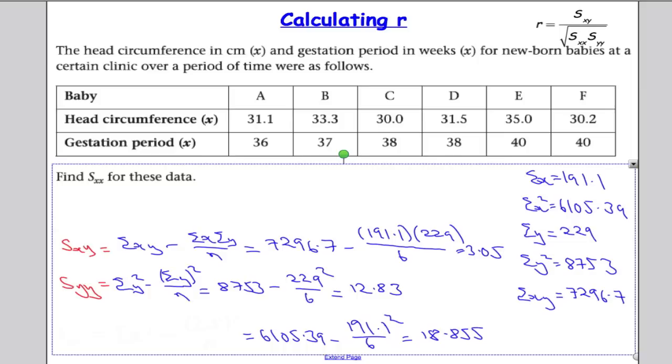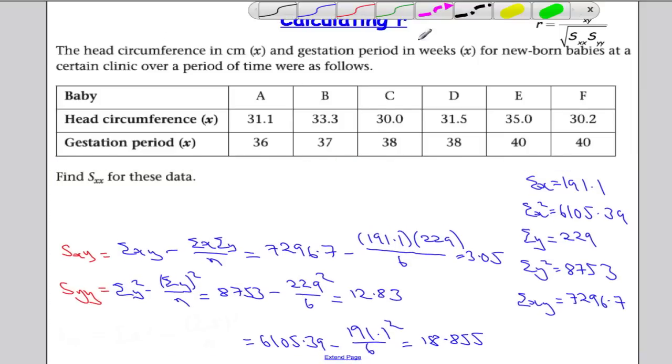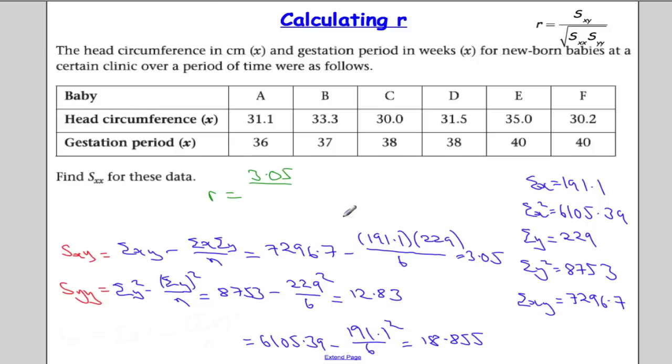Okay, so to calculate R, let's do it in green. It equals SXY, which we have here, 3.05, divided by the square root of SXX times SYY. So SXX is down here.